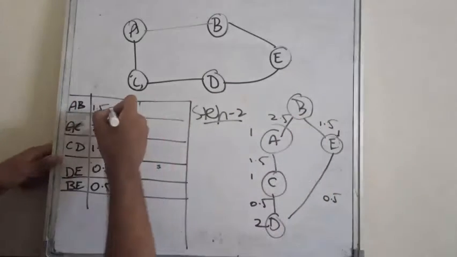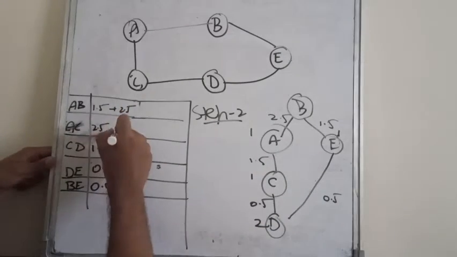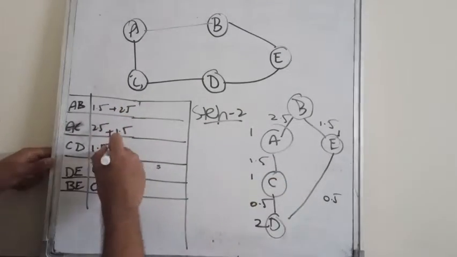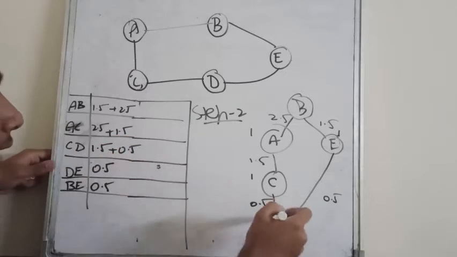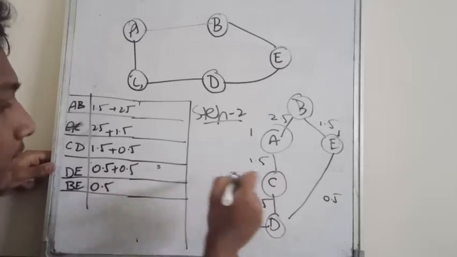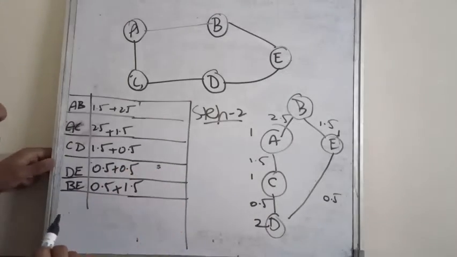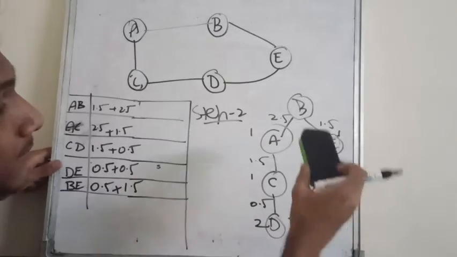So here AB is 2.5 plus 2.5, AC is plus 1.5, CD is plus 0.5, DE is plus 0.5 and BE is plus 1.5. Okay, so this is what our graph with respect to B is.